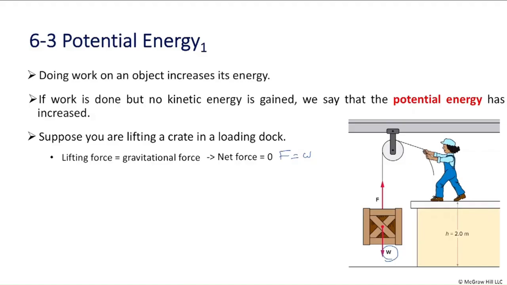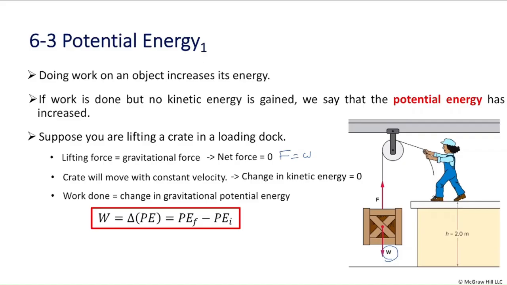So where does the work you did go? It increases the crate's potential energy. In this case it's gravitational potential energy. So work done here is equal to change in potential energy. Change means final minus initial. So the work done is equal to final potential energy minus the initial potential energy. Now what is the potential energy equation?